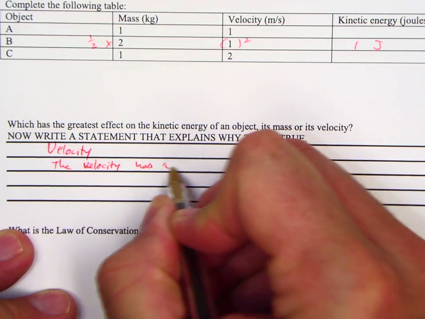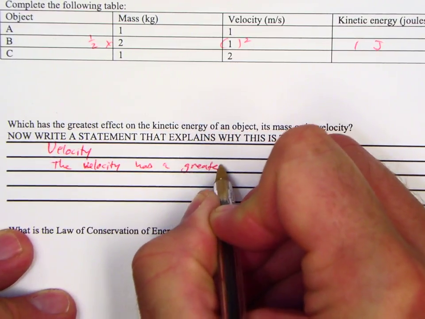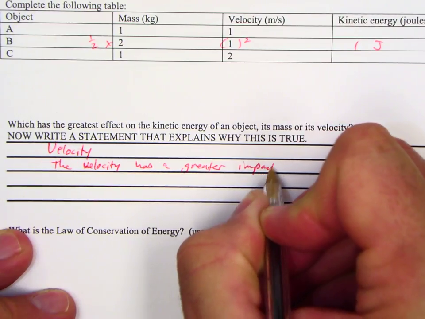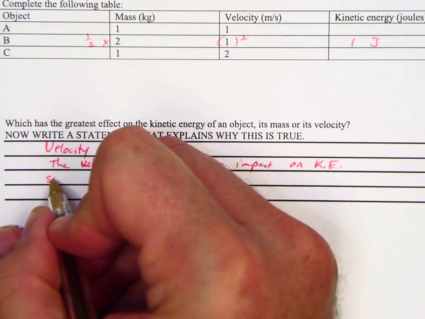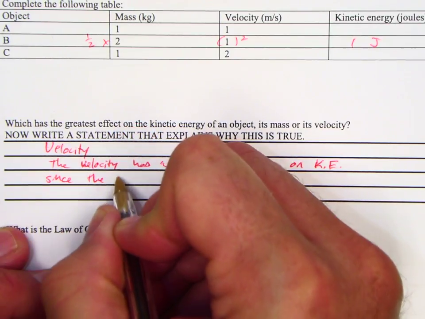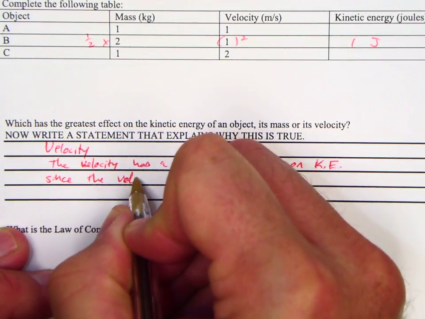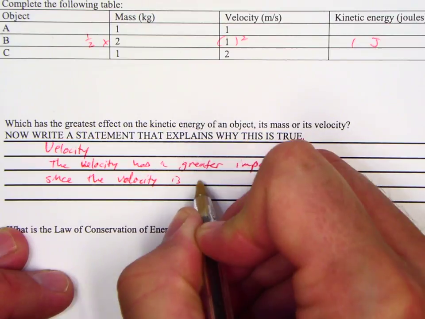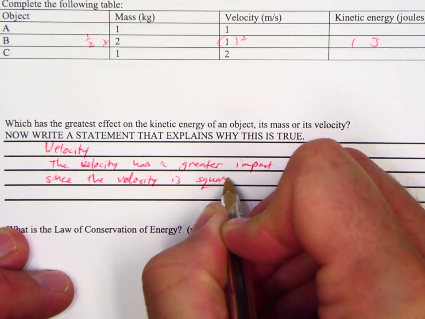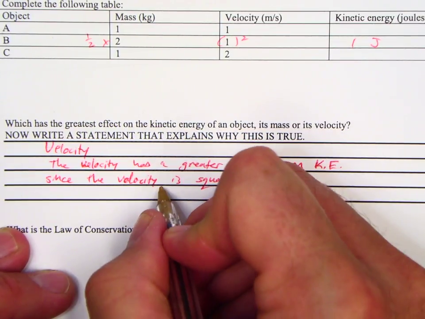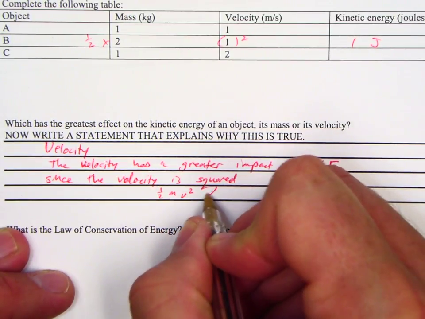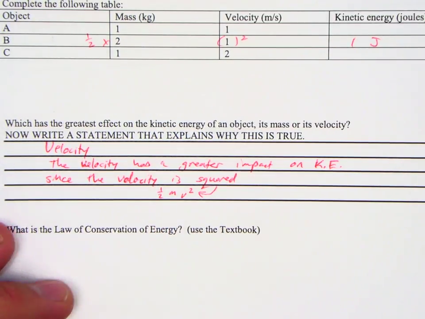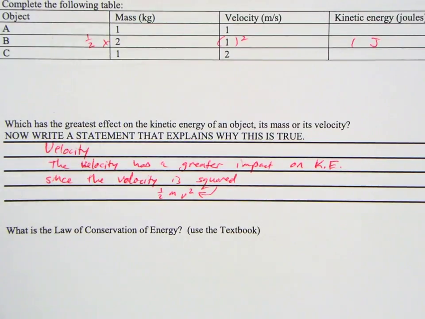Velocity has a greater impact on kinetic energy since the velocity is squared. And that's when we say we have 1/2 mv squared. So when we square the velocity, that means it ends up having a much greater impact.